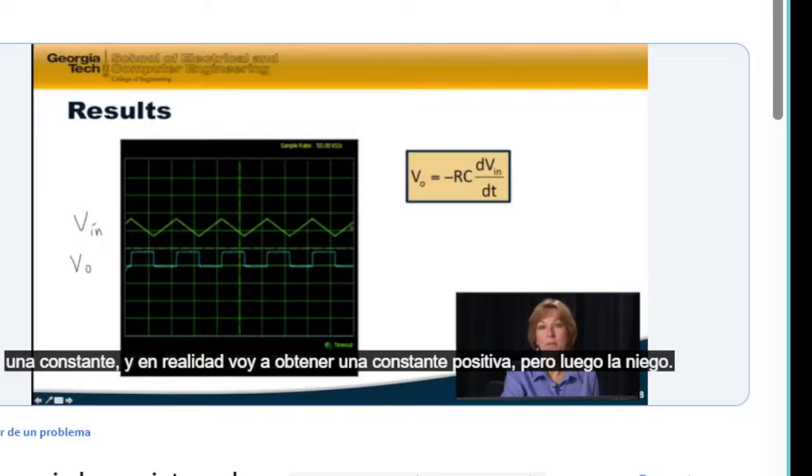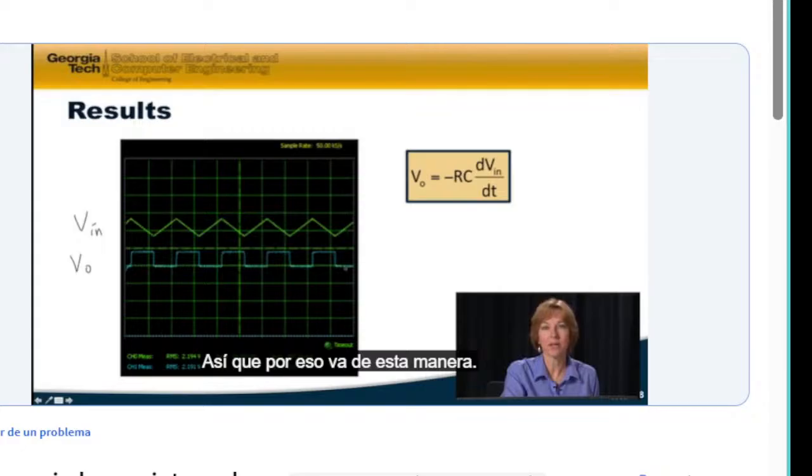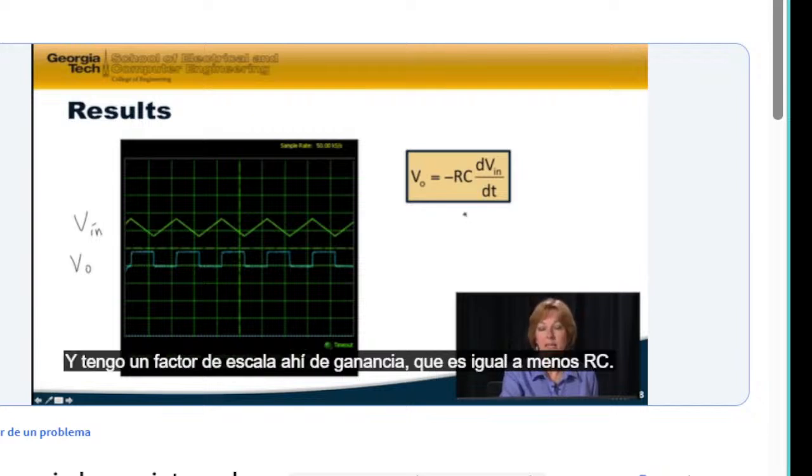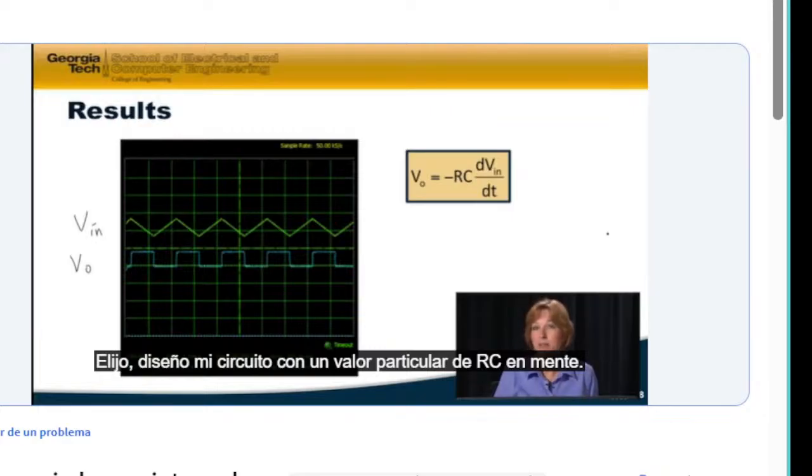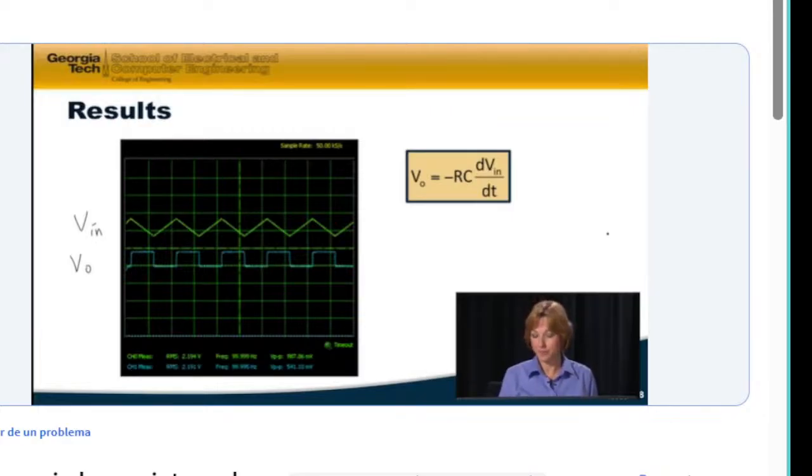And I'm actually going to get a positive constant, but then I negate it. So that's why it goes this way. So my output is equal to the derivative of the input, and I have a scaling factor in there, a gain, which is equal to minus RC. And that's whatever I pick. So I design my circuit with a particular value of RC in mind.